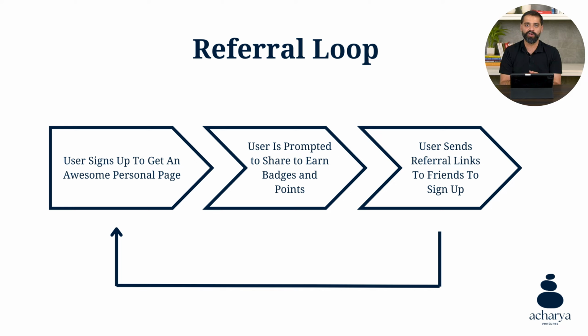For people on LinkedIn, you would have seen that recently. They do this. You sign up on TopMate. It prompts you to share badges, share on your social network. You earn points, rewards, things like that. And every time you share, a referral link is generated that you can share with your friends, and more people end up signing up to the product.